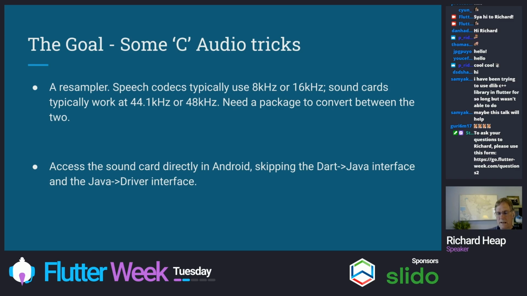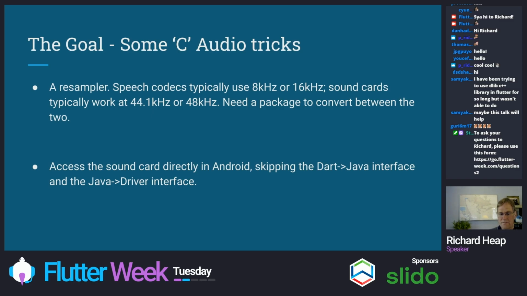The other thing is, if you want to use the really low latency audio in Android, you have to go down into the NDK, and the NDK is written in C. So normally the way to get to that is that you use the Java JNI bridge to get from Java down into the NDK.